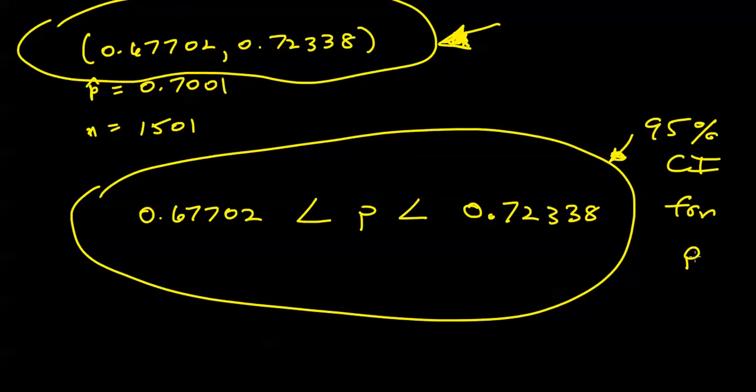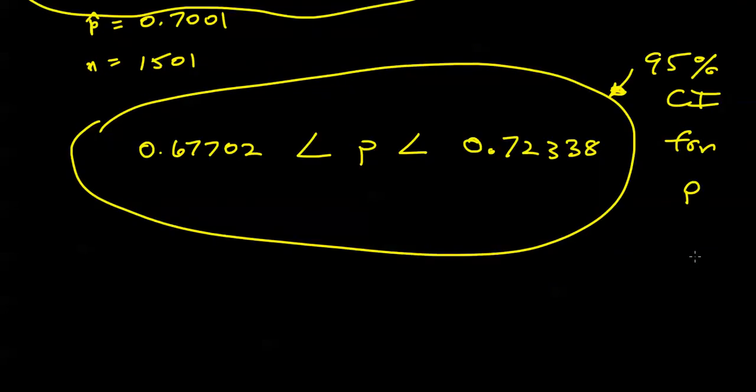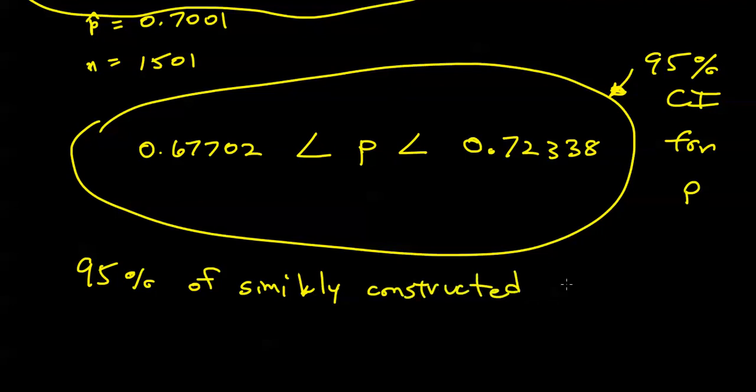This is constructed from sample data, and I want us to be sure we understand we're never really sure that little p lands between these boundaries, but what we can say is that 95% of similarly constructed intervals will actually contain little p.